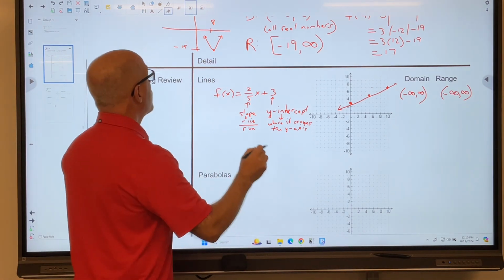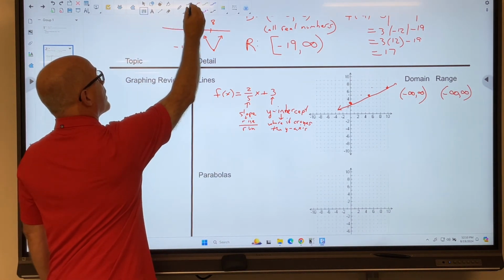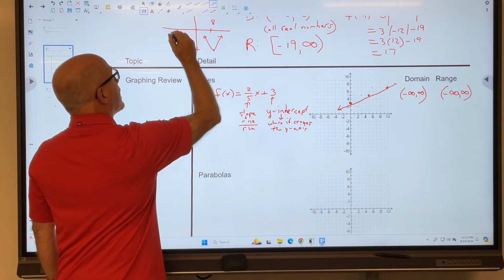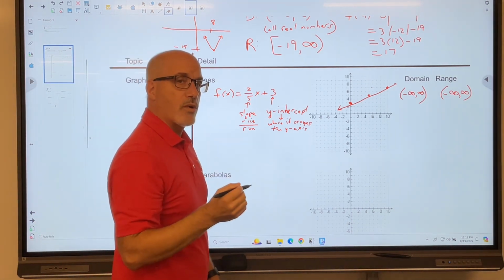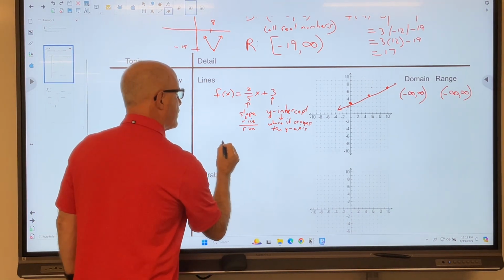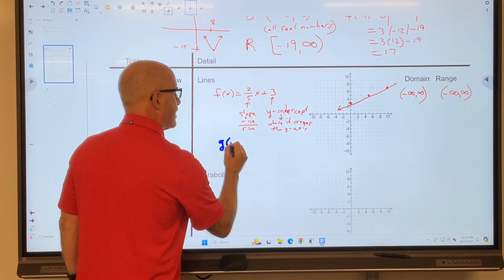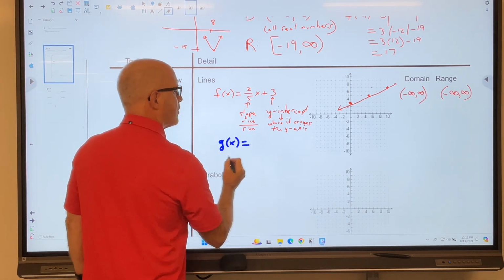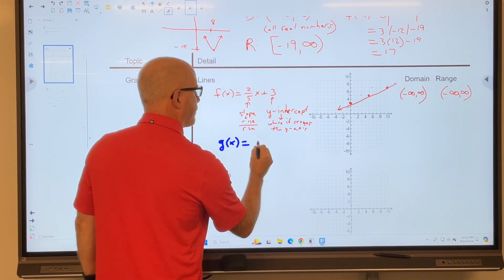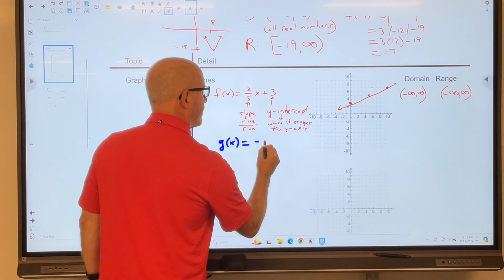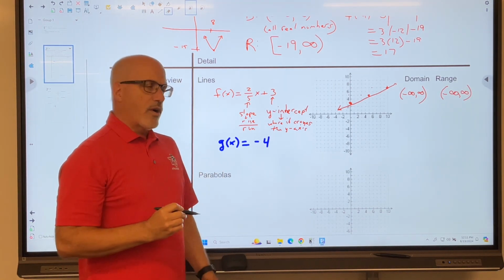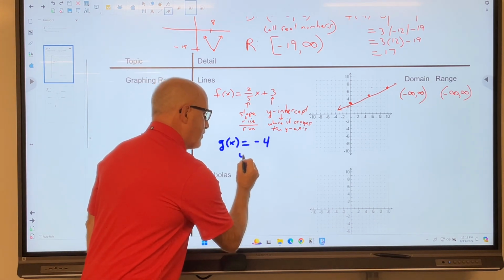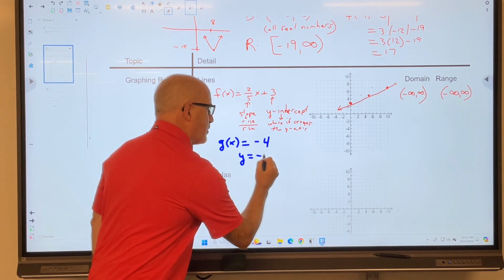Now I do want to do one more graph for us, and I want to make sure that we remember our horizontal lines. If I want to do a different function, say g of x equal to negative 4, otherwise known, as you've sometimes seen, as just y equals negative 4.